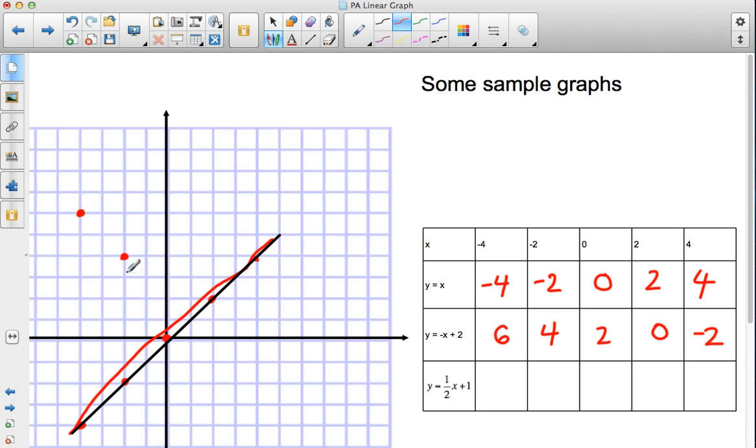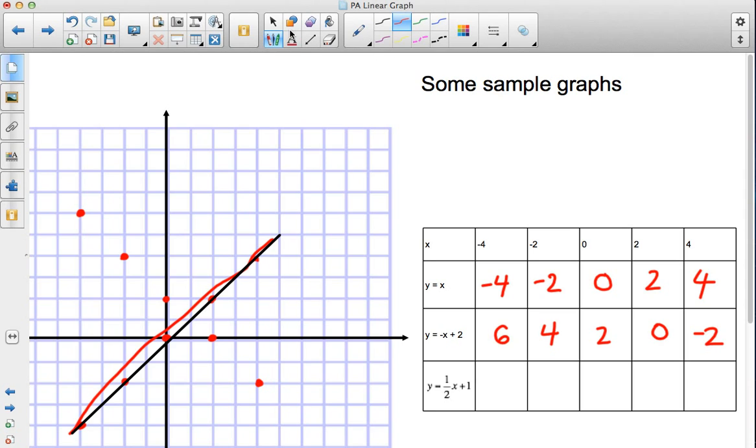And if x equals 0, y equals a +2. And if x equals 2, y equals 0. And if x equals +4, y equals -2, down here in the fourth quadrant.